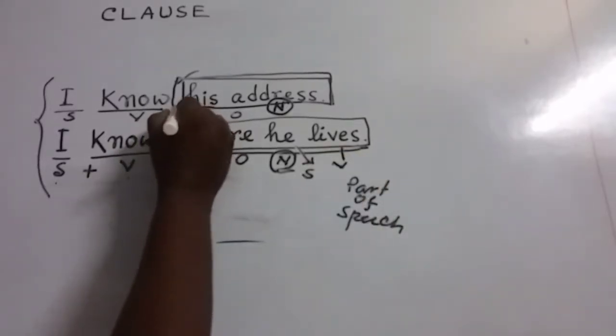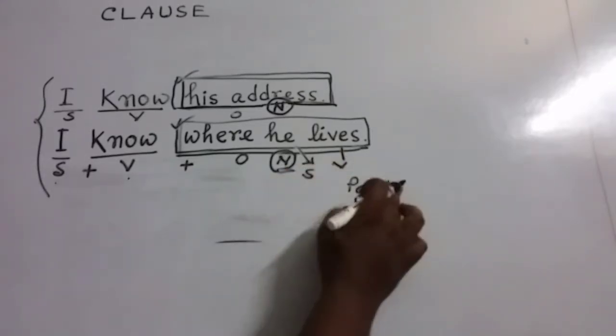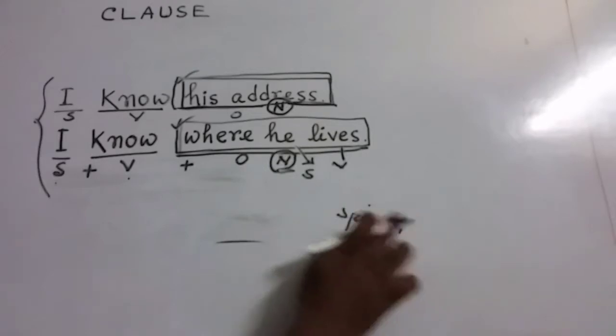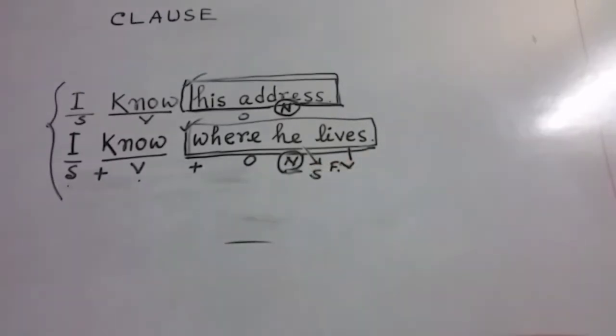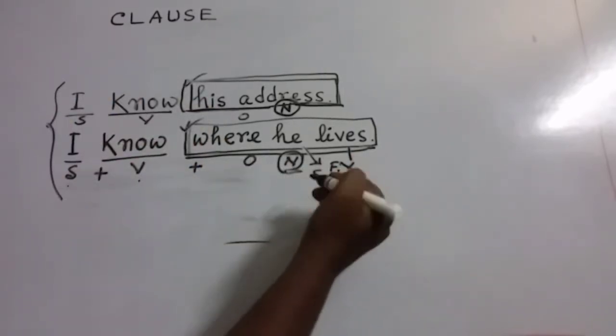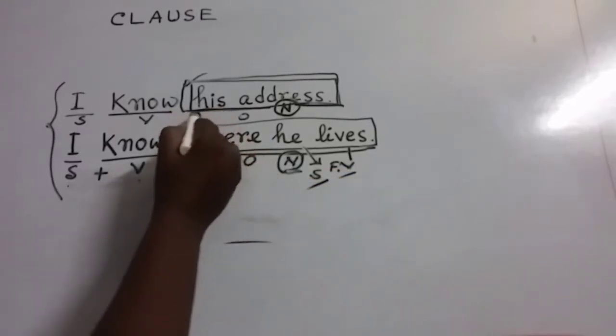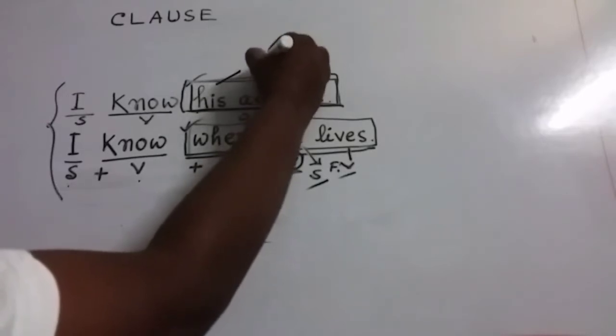But here you cannot see the subject and verb. Verb means finite verb. Better to say finite verb. Now friends, this group of words where there is no such subject and finite verb. Here there is no subject and no finite verb, that is why it is called a phrase.